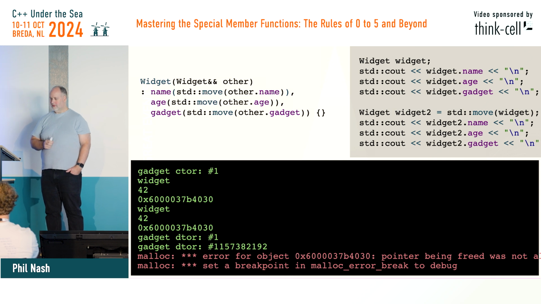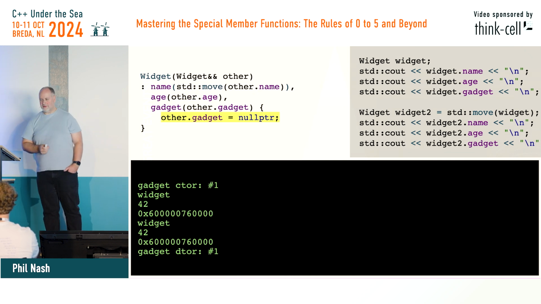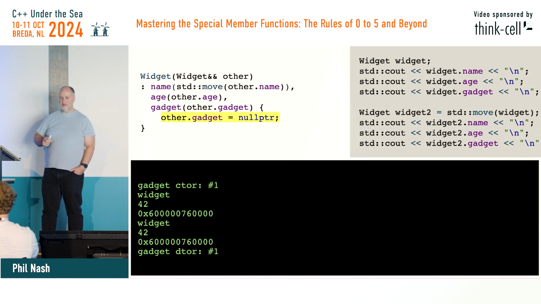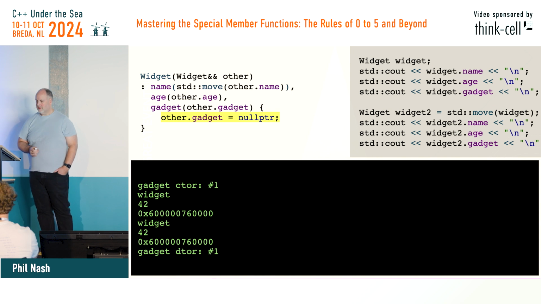That's it. So the original value stays unchanged. We're going to need to explicitly null it out so that the outgoing, expiring object doesn't try to delete it in its destructor. Okay, straightforward enough. One extra line of code, no biggie.